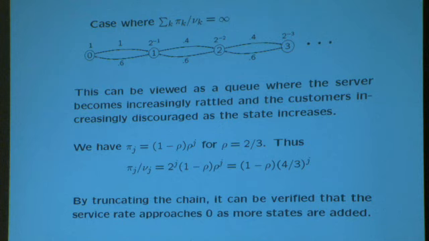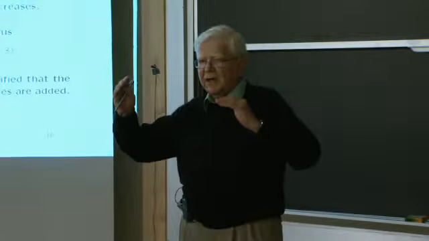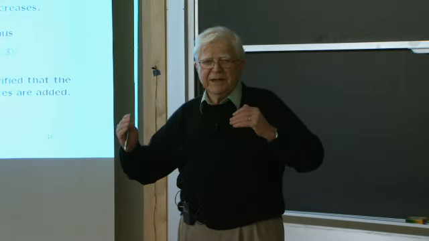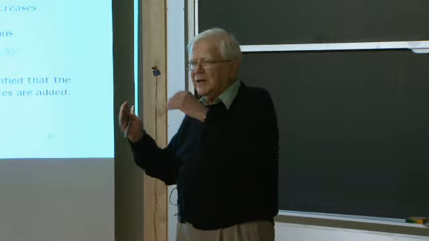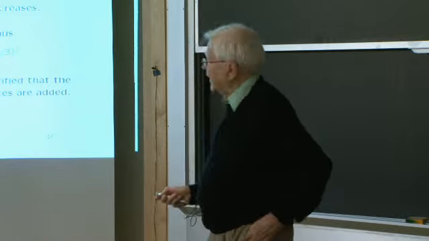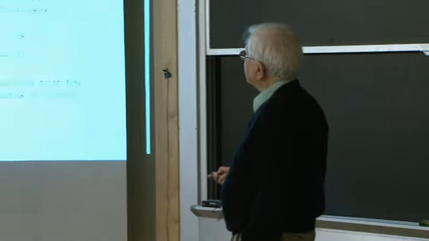And as the queue builds up also, customers come in and look at the queue and say, I'll come back tomorrow, when the queue isn't so long. So we both have this situation where as the queue is building up, service is getting slower and the arrival rate is getting slower. And we're assuming here, to make a nice example, that the two of them build up in exactly the same way. So that's what's happening here.